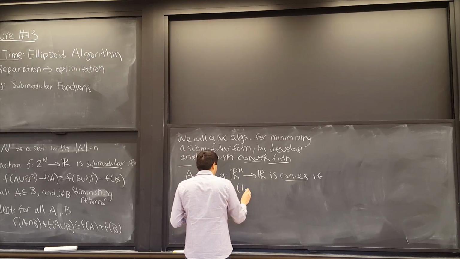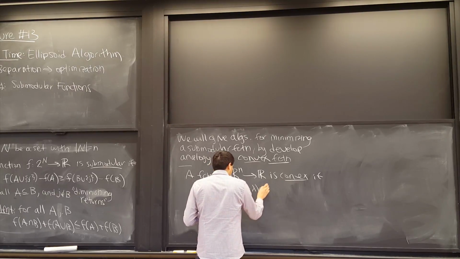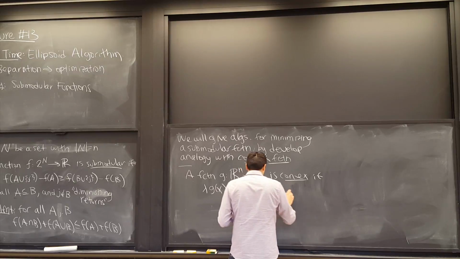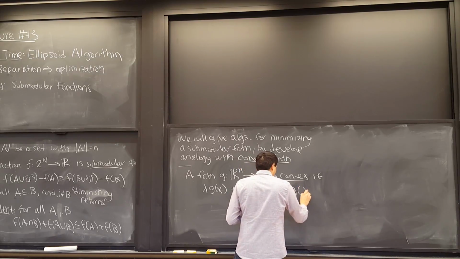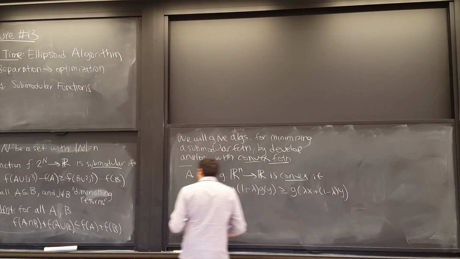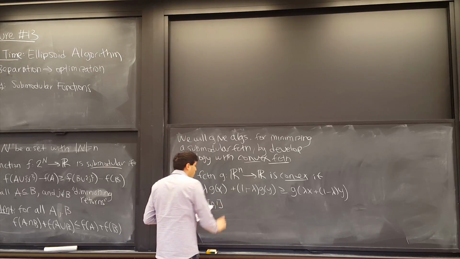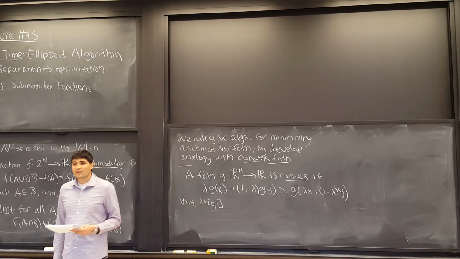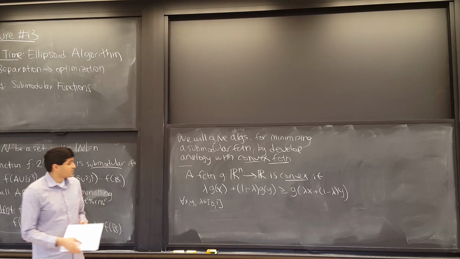Well, we better have that the convex combination of their values is an upper bound for G evaluated at the convex combination of the 2 points. So we want this to hold for all x and y, and for all lambda in the interval 0, 1. So this, in the case of just functions on the real line, you can think about something like x squared.